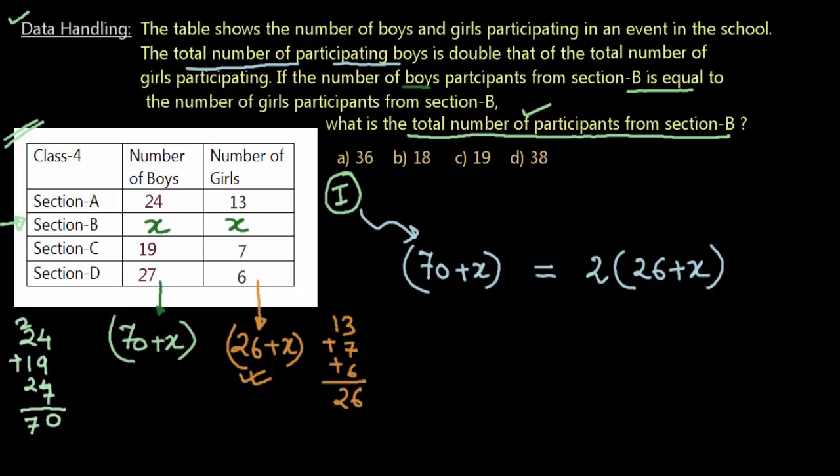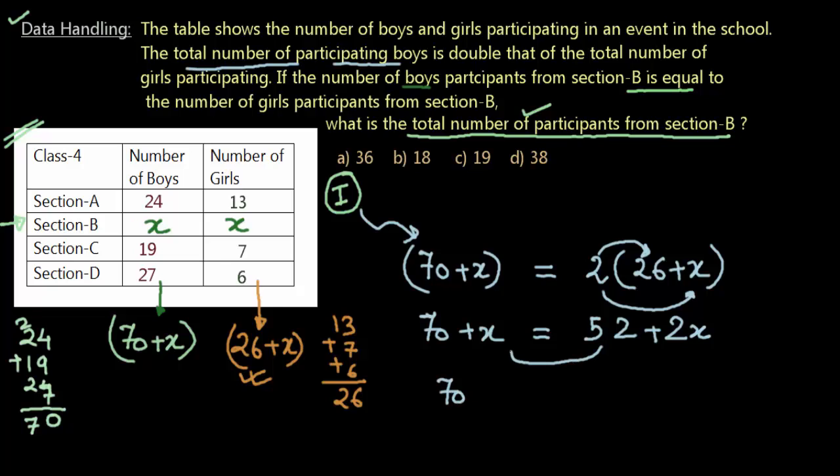So now if you know a little bit of algebra, you can solve it. This is 70 plus X equals 2 times (26 plus X). You open up the bracket: 26 multiplied by 2 is 52, plus 2 multiplied by X is 2X. Now doing a little reshuffling, we will take this 52 this side, so this will become minus 52, equal to 2X.